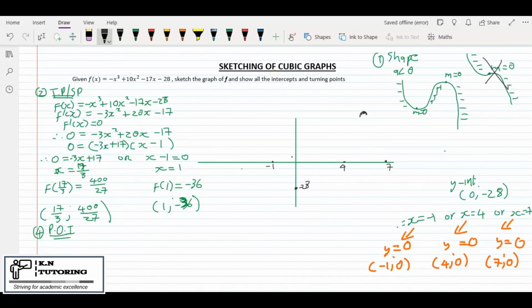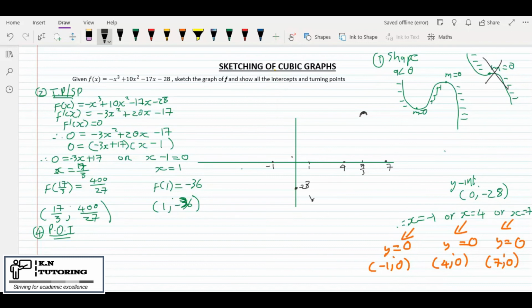And then on the other side, my turning point is 1, so +1 is somewhere here, and the y value is -36. So I will assume that if this is -28, -36 will be somewhere here.